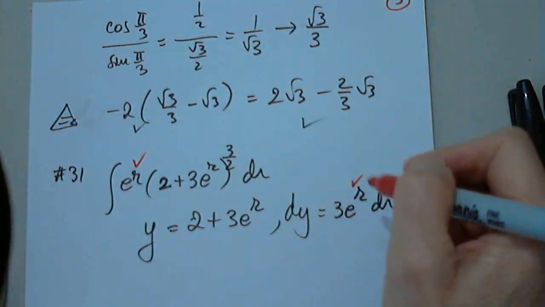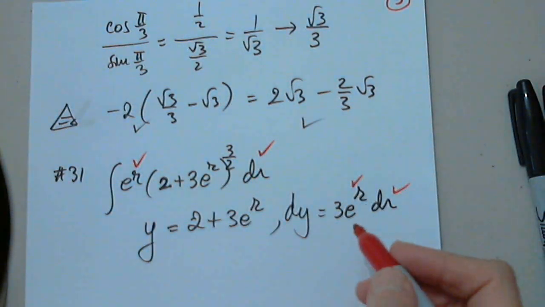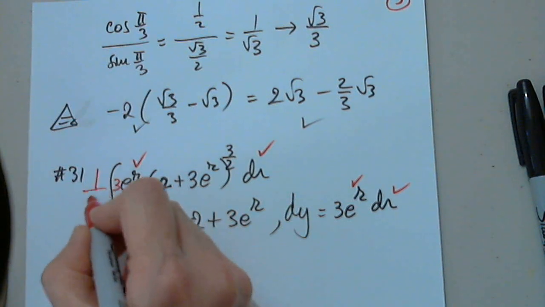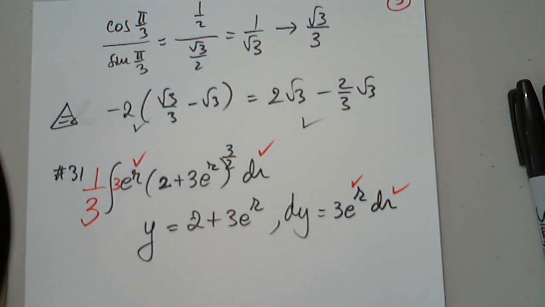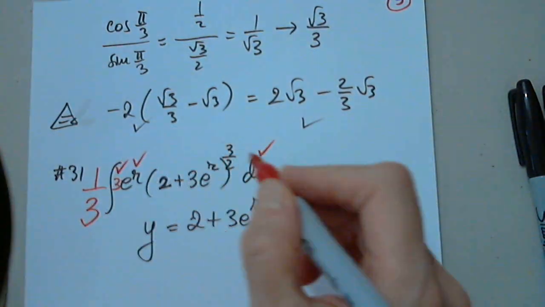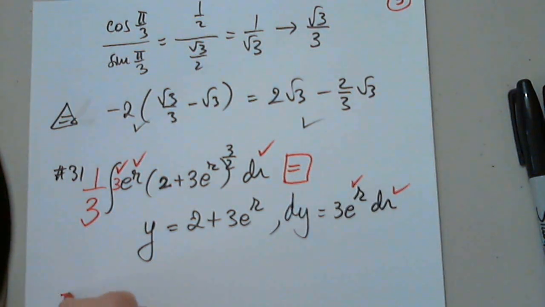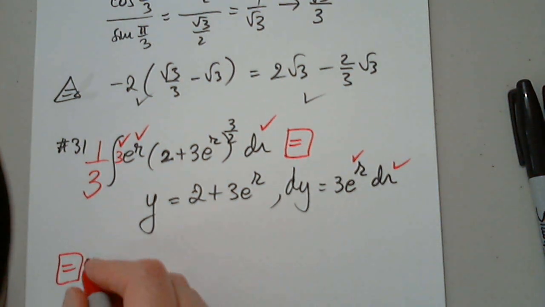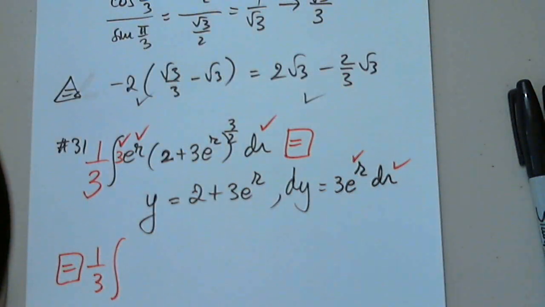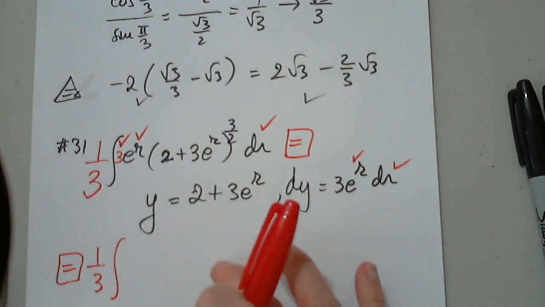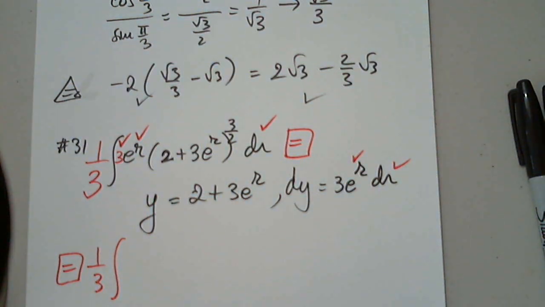I do. If I have dr, of course I do. I'm missing the 3. So now I have the 3 as well. 1/3. Can anyone change this integral and forget about r? You cannot write anything with r in here. R is gone.